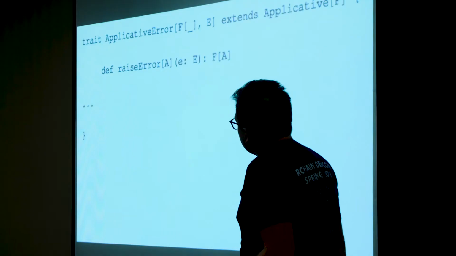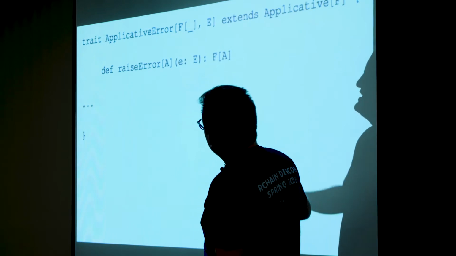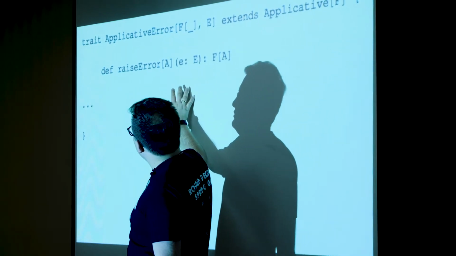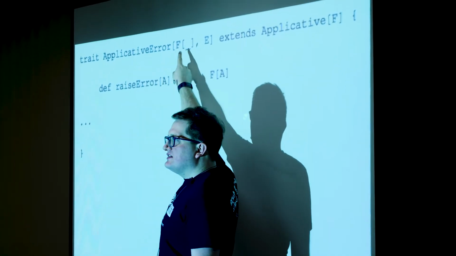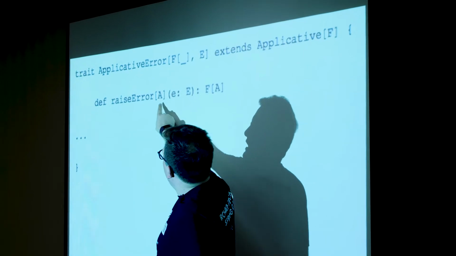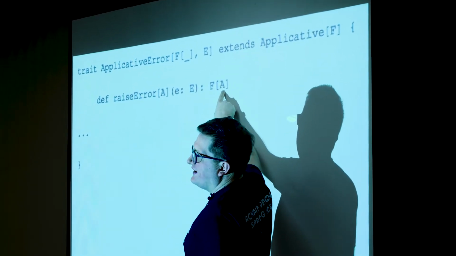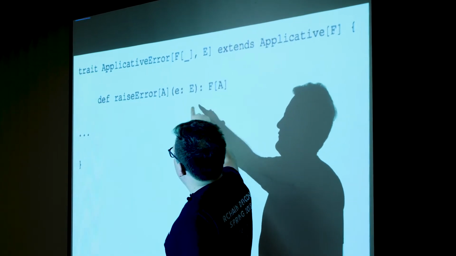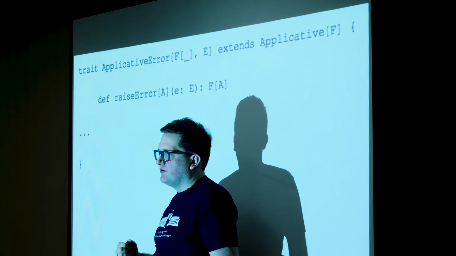But there's a type class called ApplicativeError, which has this very cool method called raiseError. It's saying, if you have an instance of this type class for your F, and you have an error, I will give you an instance of F of A for that error. How? It depends what your F is, right?